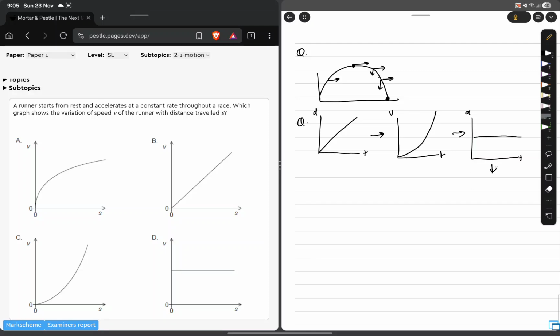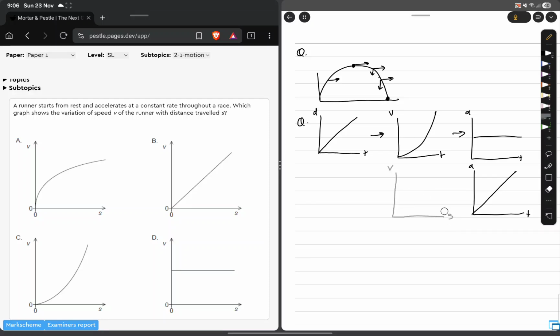However, what if instead we consider that the acceleration is curved like that? What's the velocity going to look like? Because it's increasing at a constant rate, it's linear. It's definitely going to be curved, but is it like this or is it like this?